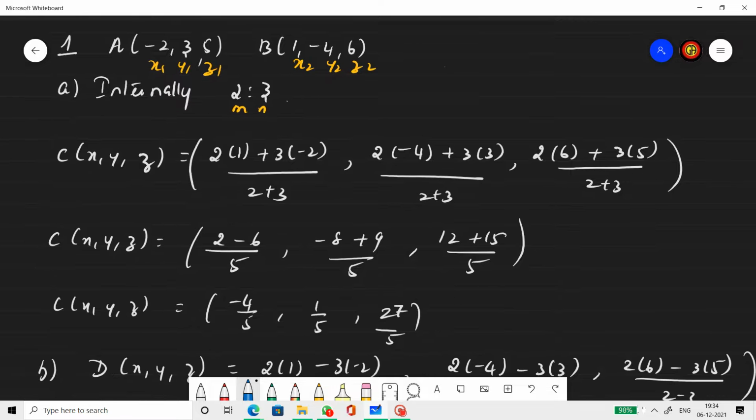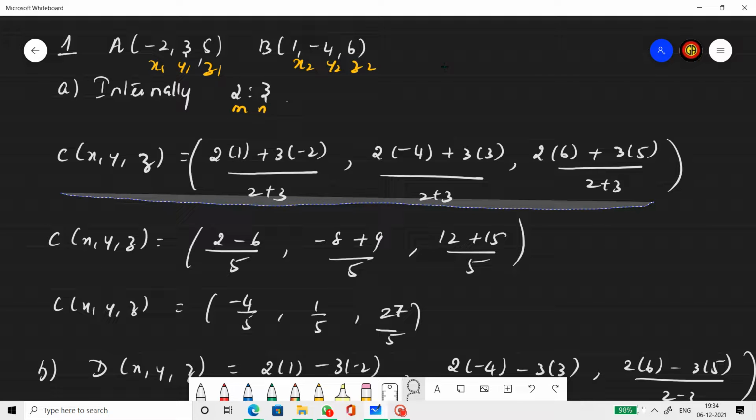Now let's go to a sum where I am going to explain applications of the internal and external formula. So here the coordinates of A and B are given. It is divided by a point, which I have taken as C, in the ratio of 2 is to 3. So always put x1, y1, z1, x2, y2, z2 and name the ratio as m and n. This is a must step so that you can avoid errors. And then simply apply the relevant values in the relevant places.